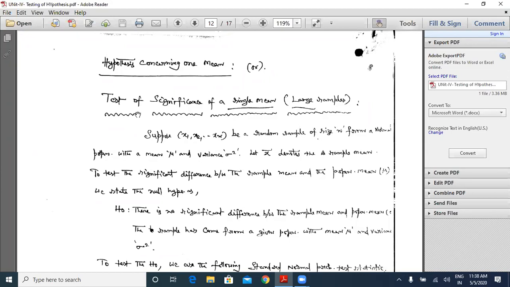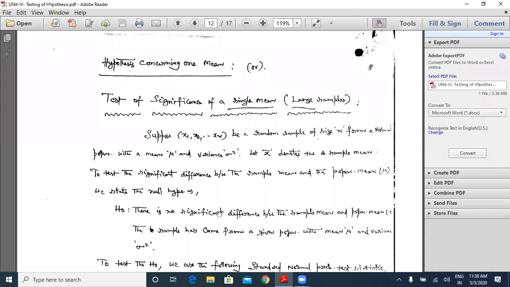Now we are discussing hypothesis concerning one mean, a single mean. Suppose x1, x2, and so on, xn be a sample of size n drawn from a normal population whose mean is mu and variance is sigma square. Let x bar denote the sample mean. To test the significant difference between sample mean and the population mean, that is x bar and mu, we state the null hypothesis as H naught: there is no significant difference between.